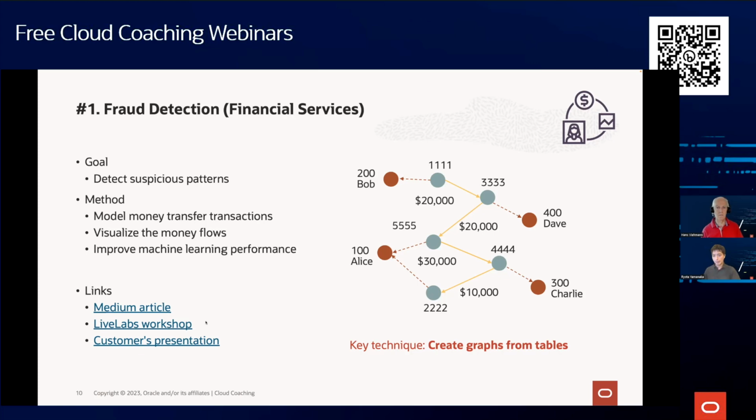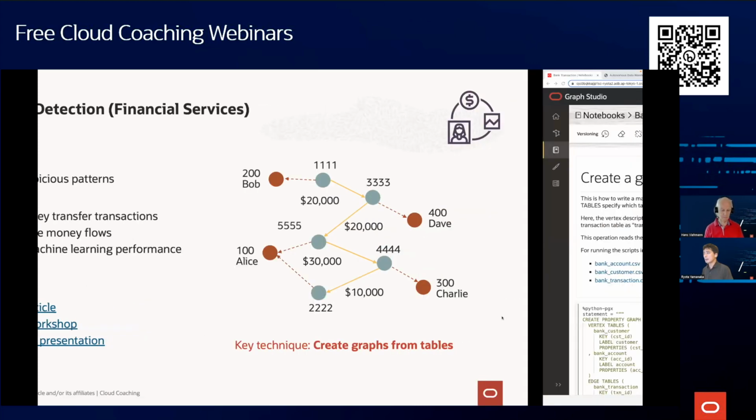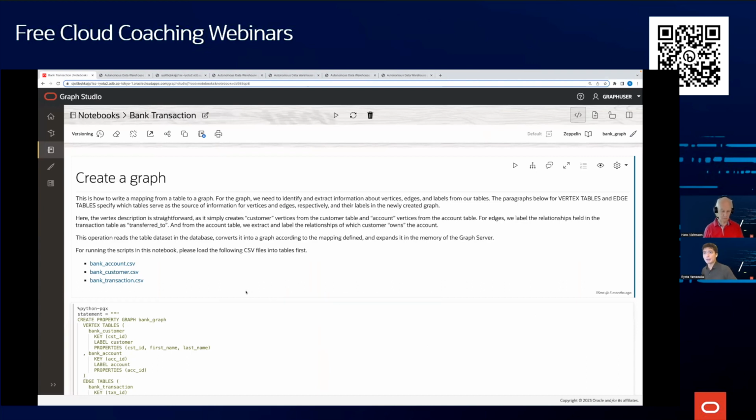And also we have some customers' presentations about their actual use. And here I would like to especially introduce you the key technique, how to create graphs from tables. So let me move back to the Graph Studio notebook.